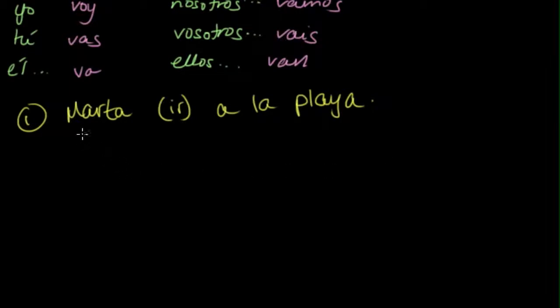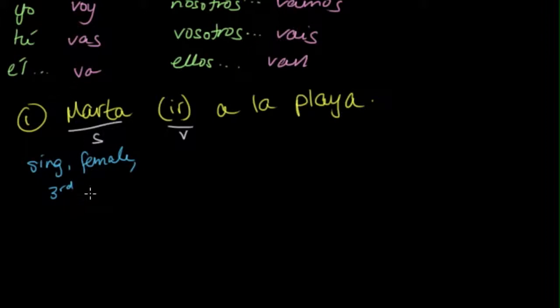So, first, as always, we're going to identify our subject. We have our subject here, and we know our verb is here. Subject and verb. Now, we're not working with a subject pronoun, so we should figure out what subject pronoun Marta would be so that we can choose the proper conjugation of ir. Well, Marta is singular, female, and we're talking about her, so we're in the third person.